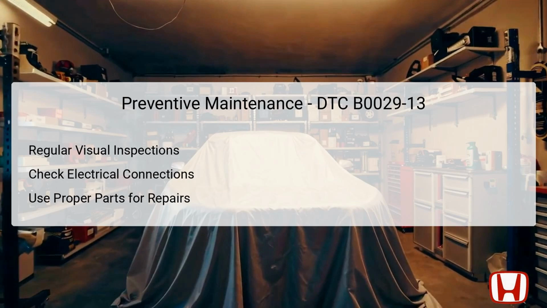Preventive maintenance includes routine checks and maintenance practices that can prolong the longevity of the airbag system. Regular visual inspections of the airbag and surrounding components will help catch damage early. Furthermore, routinely checking the integrity of electrical connections and wiring can prevent future issues from arising.